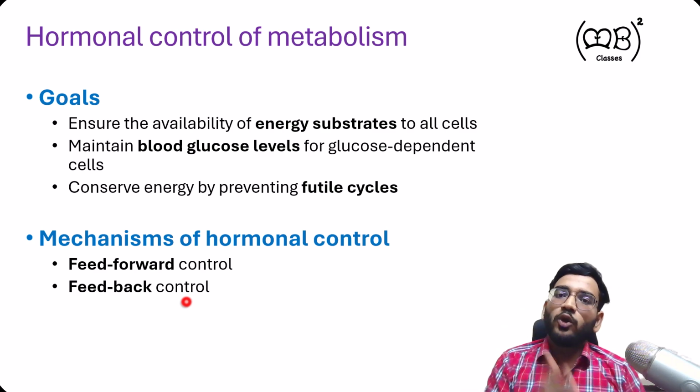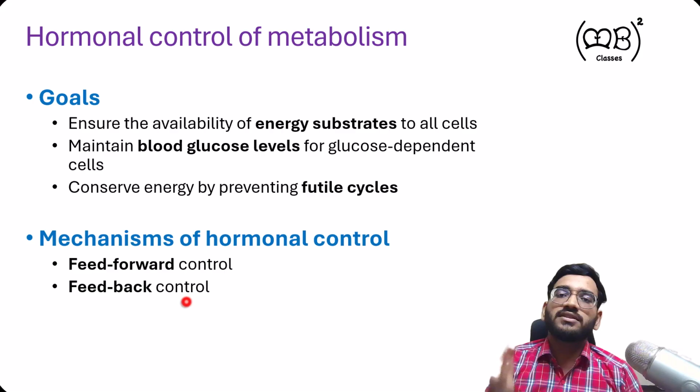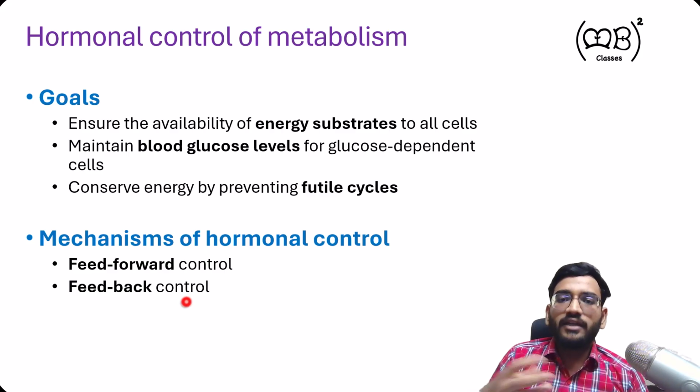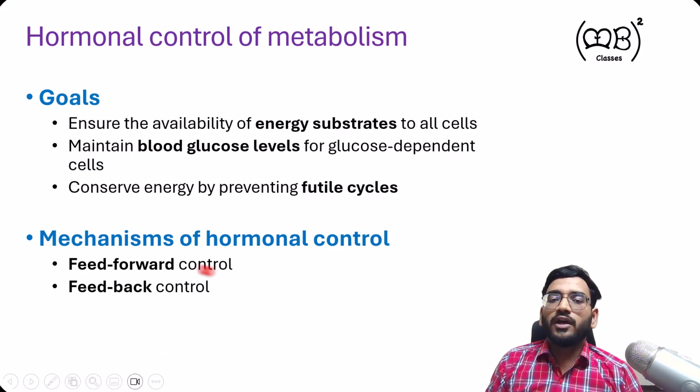Even before the glucose reaches the beta cells of the pancreas and the beta cells can sense the glucose, there is release of incretin hormones like GLP and GIP from the L cells or K cells of the intestine, the ileum to be specific, and these incretin hormones will act on the beta cells to release insulin. That is feed forward control of hormones.